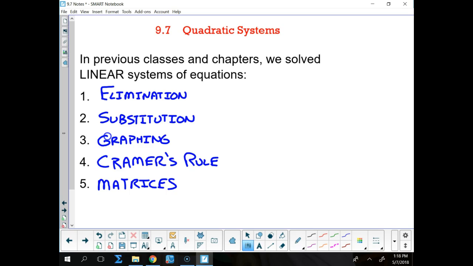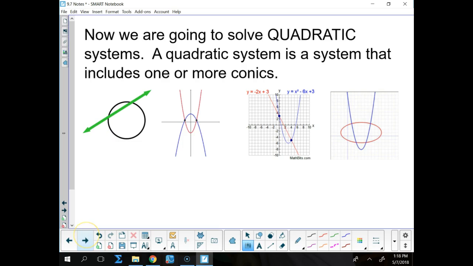Okay? But what we're going to do, because I'm mean old Linz, we're going to solve quadratic systems now. Okay? A quadratic system is a system that includes 2 of the following: circles, parabolas, ellipses, hyperbolas, lines.